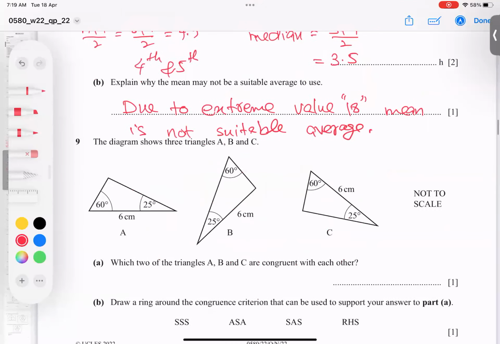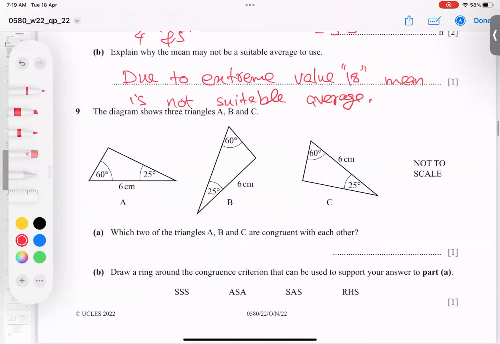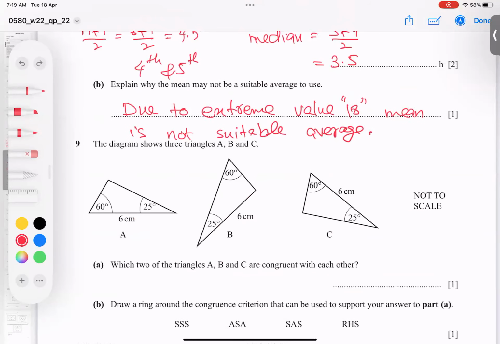Now, this question number 9 is asking which two triangles ABC are congruent. Congruency is a concept in which we have only options like this: 25, 60, and in the middle we have 6.